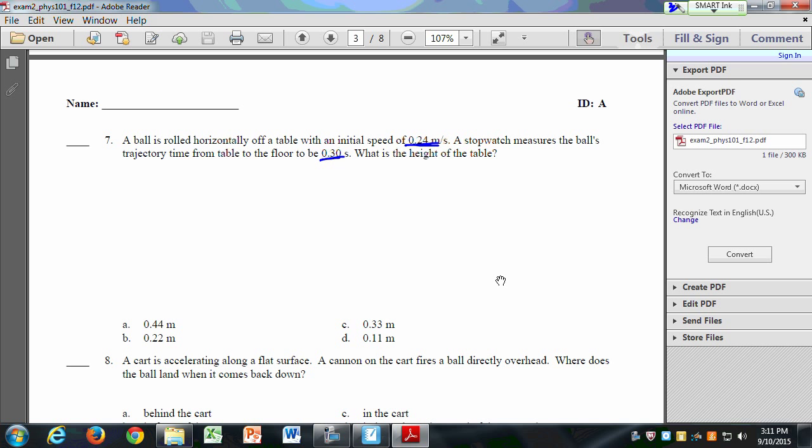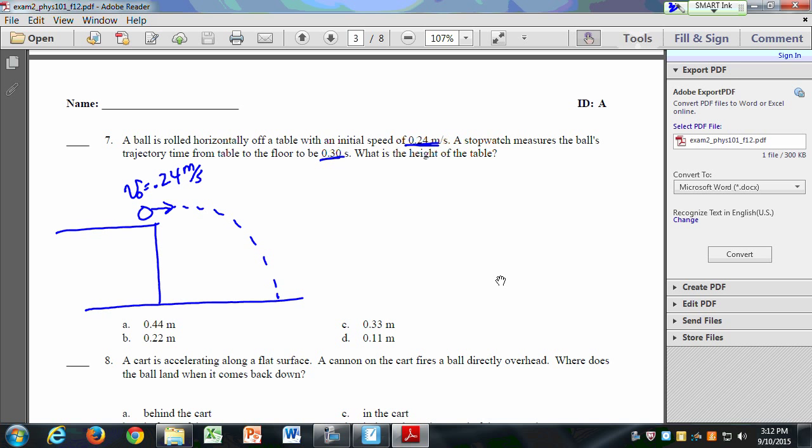I always like to draw a picture because it helps me think about what's going on. So here I have a ball that rolls off the edge of the table, and it follows a path that looks like that. It just falls to the ground. It tells me that the initial speed is 0.24 meters per second. What are the x and y components of this initial speed? What is the direction of the speed right now? Is it in the x direction, the y direction, or somewhere in between?